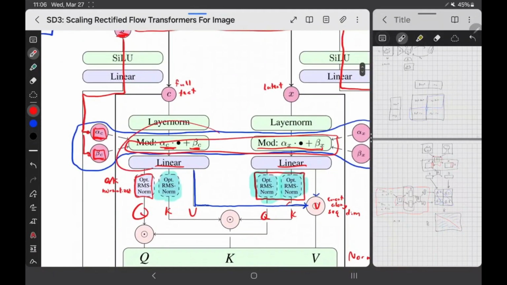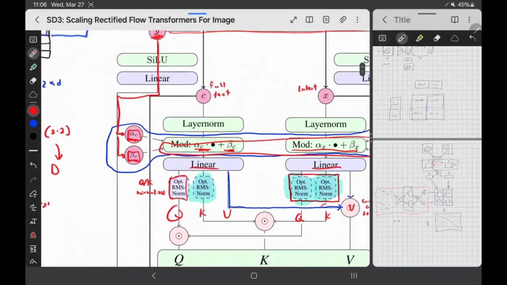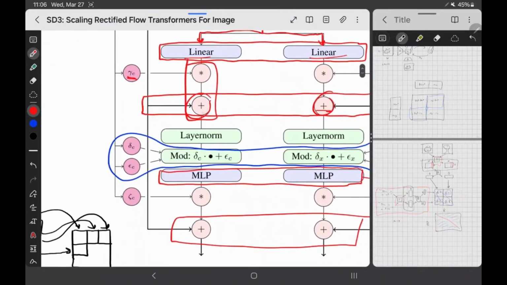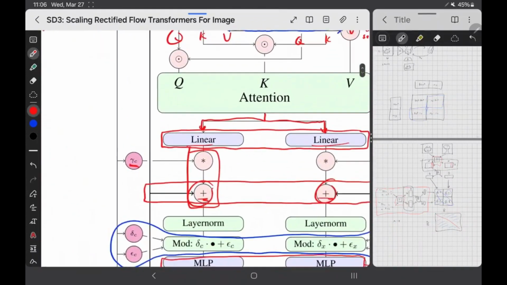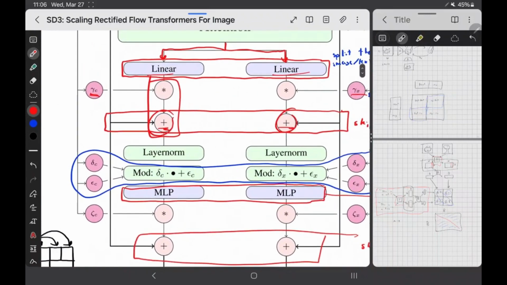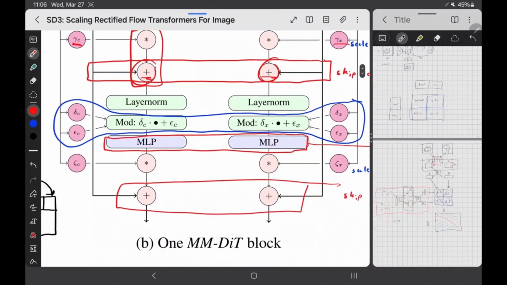Like we had up here, you had a scale and a shift. This here is essentially a scale value, which comes from your conditional information, and your shift value comes from your past or your skip connection. I think that's why they added this part here. This part's kind of weird, but that's the only reasoning I had.